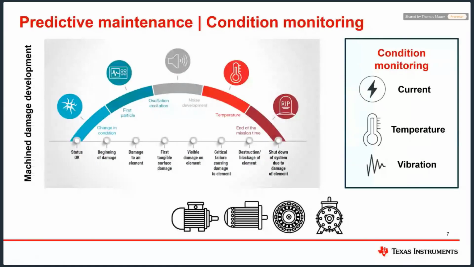At some point, the temperature will rise because there might be additional friction, and at some point in time, this motor breaks down completely. This is the shutdown of the system because of a damage of an element.